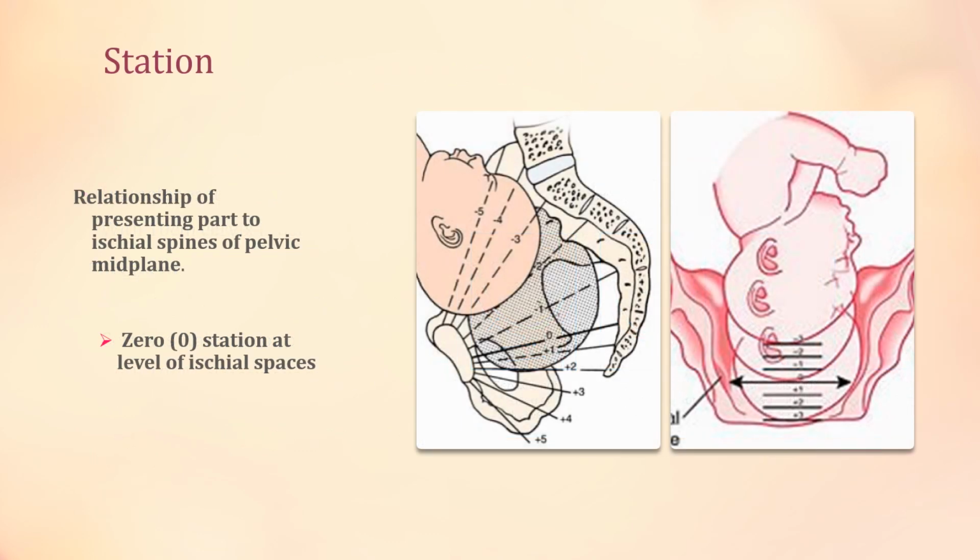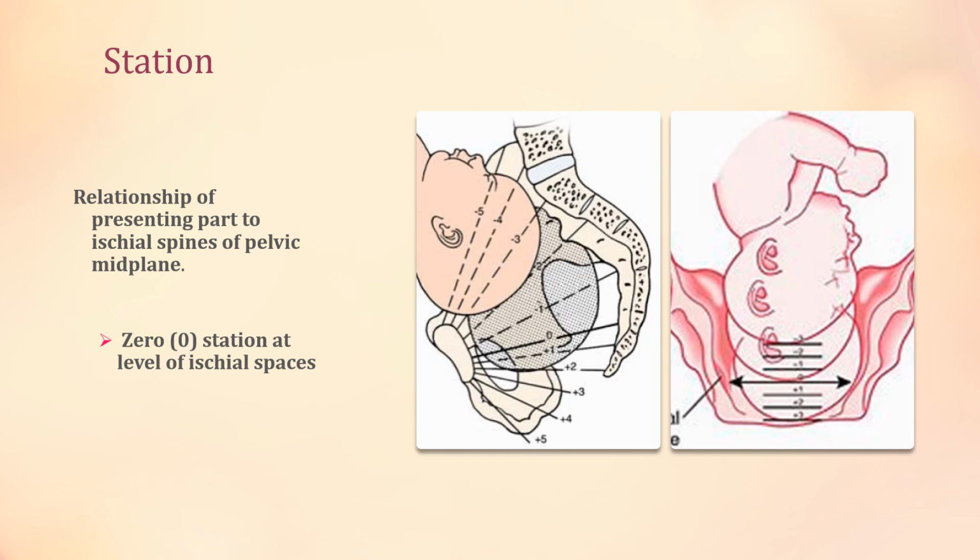Okay, now station. Station simply refers to how high the baby is in the pelvis. It is related to the level of the ischial spines, which is actually not depicted very well in these pictures now that I'm looking at it.